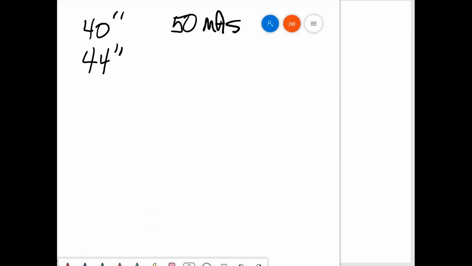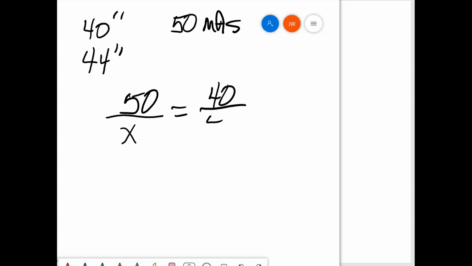Okay, so we're starting at 40 inches, going to 44 inches, and our original mAs is 50. So our mAs1 is 50. mAs2, we don't know, so we call that X. Our original distance is 40, and we're going to put that right alongside the original technique. And our new distance is 44. And then don't forget to square it.